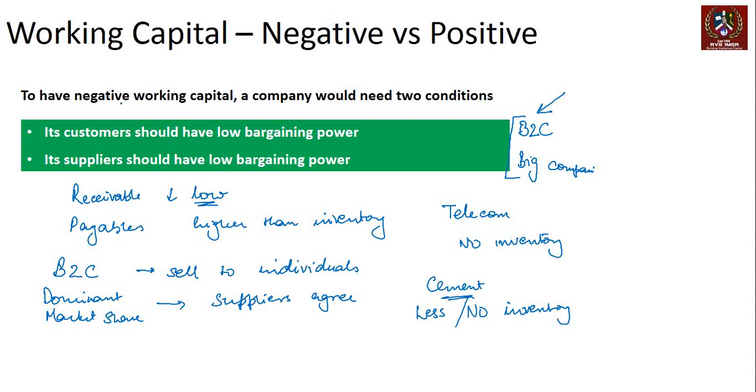So if you look at a company like Intel, they can ask all the computer manufacturers to pay upfront because they're the only ones there. There isn't anyone else in the equation. So essentially speaking, if you're very large, that's a different issue. But otherwise, B2C companies have a better chance of having less receivables, and by that definition, have a better chance of having negative working capital.